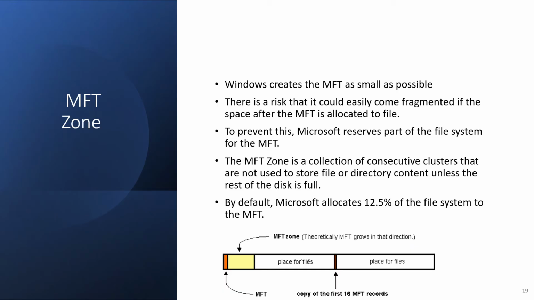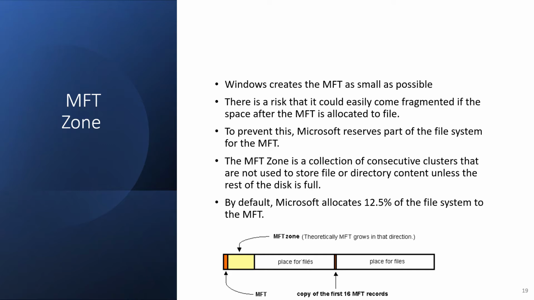Windows creates the MFT as small as possible and expands it only when more entries are needed. There's a risk that it could easily become fragmented if the space after the MFT is allocated to a file. To prevent this, Microsoft reserves part of the file system for the MFT. The MFT zone is a collection of consecutive clusters that are not used to store file or directory content unless the rest of the disk is full.